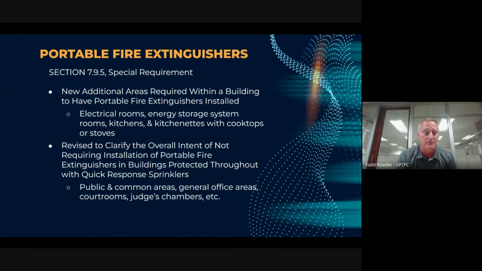One critical thing to note that has been a pretty consistent requirement through P100 over the years is that this only applies in buildings that are protected throughout by quick response sprinklers. So this section was just clarified to add those additional areas and then also clarify the overall intent of the reasoning behind the placement and providing of the portable fire extinguishers.